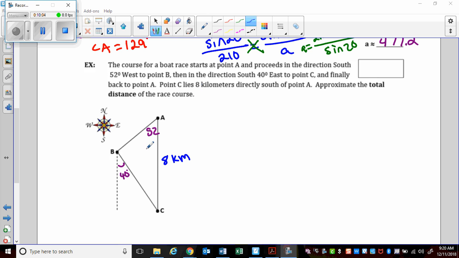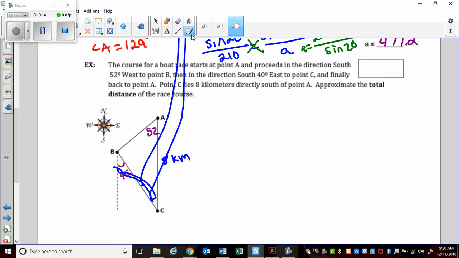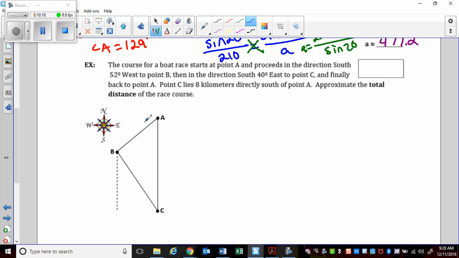Well, I know these lines are parallel, because we're going straight down and straight up. So these are parallel, and this is my transversal. These are alternating interior angles. I had 52 right here, and I had 8 kilometers here, and they told me that this is 40, so I know also that this angle is going to be 40.